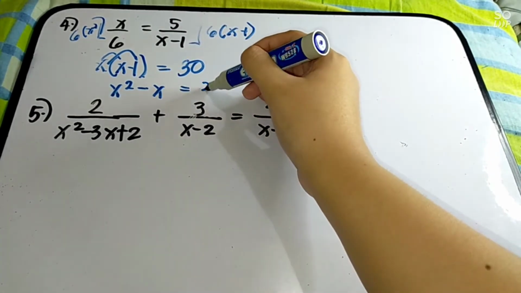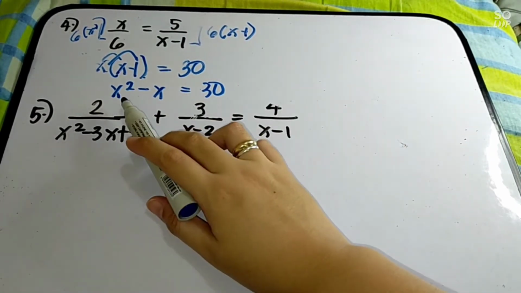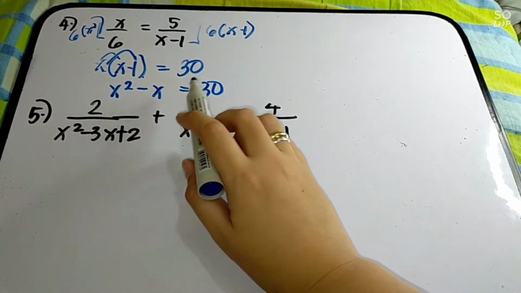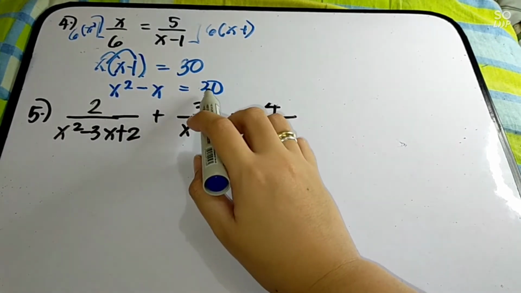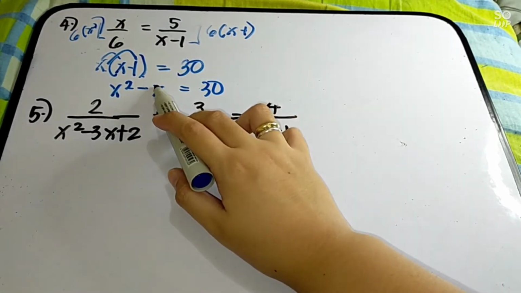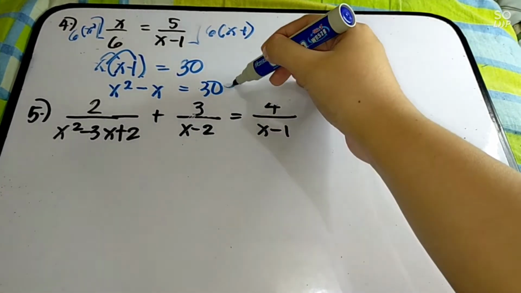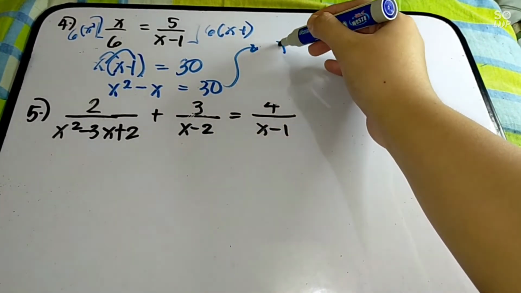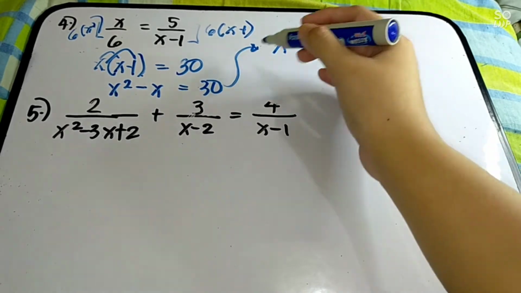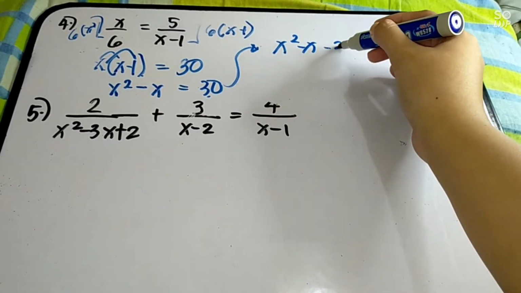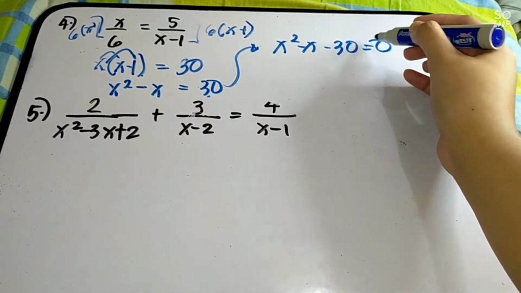Is equals to 30. So, since we have here a quadratic equation, yung 30, factoring to yung 30 lilipat natin sa kabilang side, then equate natin into 0. So, magigitong x squared minus x, then si 30 magiging minus 30 is equal to 0.